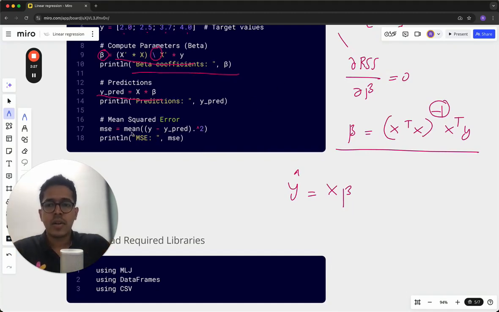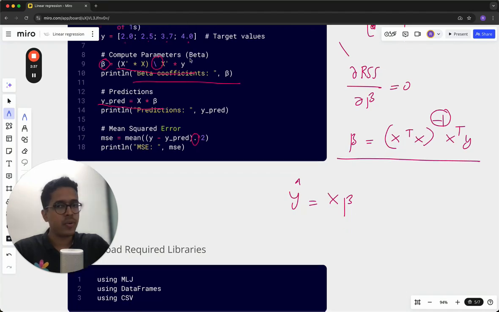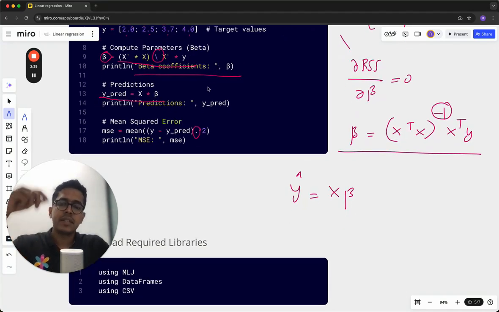So we calculate the mean of (y minus y predicted) dot raised to 2. Dot raised to 2 means you're doing an element-wise square, because y has 4 values. So every single value of prediction we are subtracting from the actual value of y, and then squaring it, summing it up, and then taking the mean of that.